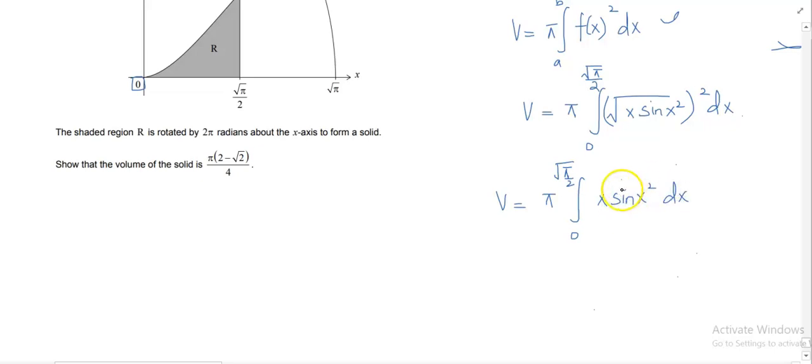Now I can solve that using integration by substitution. So I'll assume that u is equal to x squared and my du would become 2x dx.